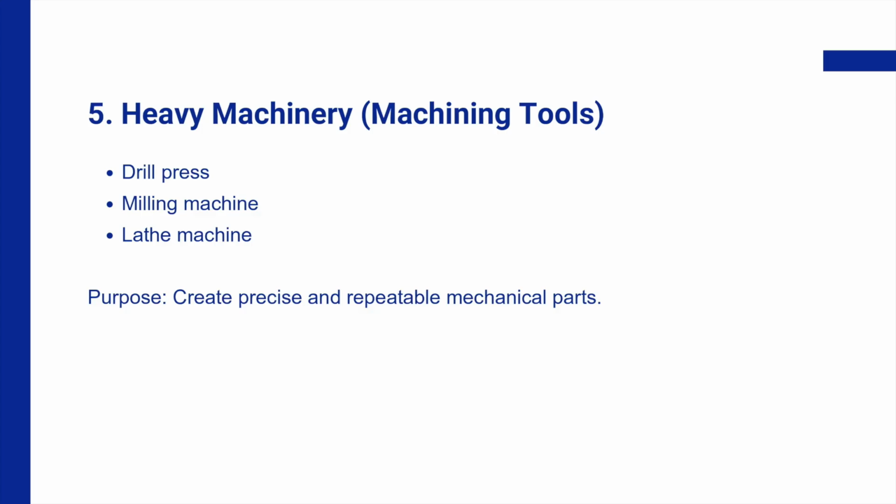In biomedical engineering, these tools are often used to ensure smooth surfaces, accurate shaping, and safe contact with the human body. Understanding that tool requirements can vary depending on the field helps engineers choose appropriate fabrication methods for different applications.